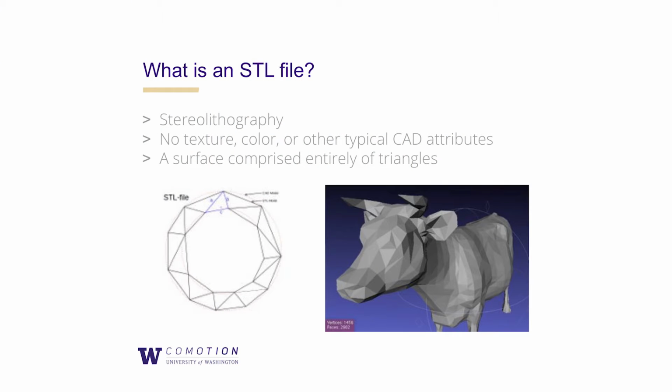So can someone tell me what happens after you get a CAD file? You have to slice it. Okay. And before you slice it, what kind of file can you have? STL or OBJ. Okay, yeah. So an STL file is a stereolithography file, and what it does is describe the surface geometry of the 3D object, and it does not take into consideration the texture or the color or any other CAD attributes.